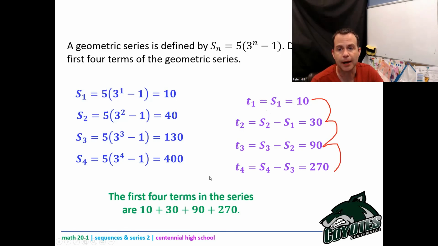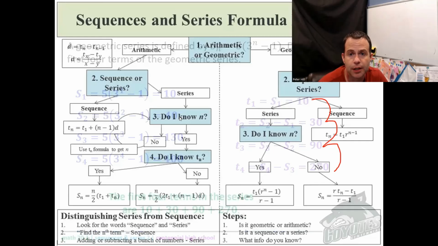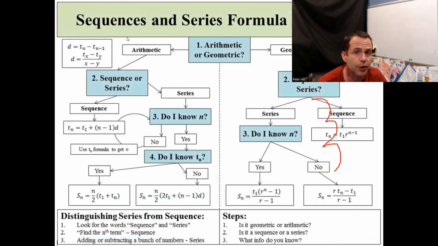Fantastic. Now, in your book, for those of you who do have the book, you will have this lovely little flow chart, which just kind of helps you walk through what we're doing. And I've kind of been walking through this flow chart just in the questions I ask you. You want to first say, is it arithmetic or geometric? Then you want to ask yourself, is it a sequence or is it a series?